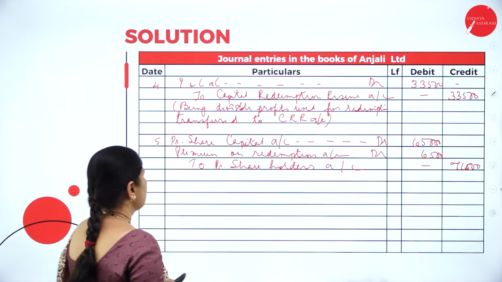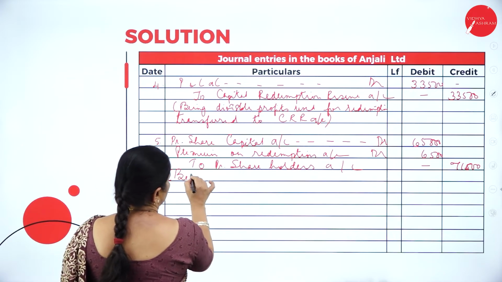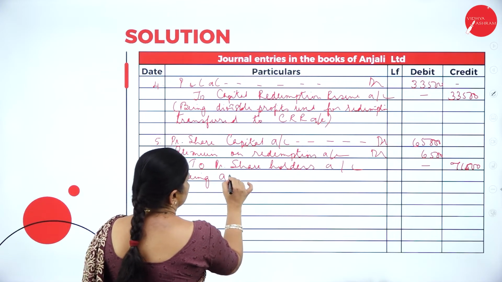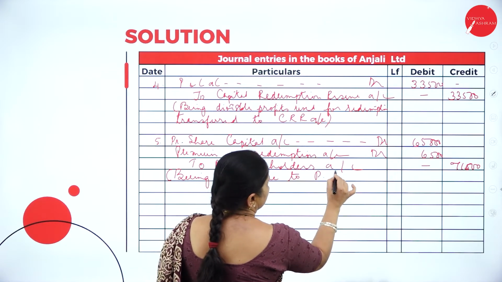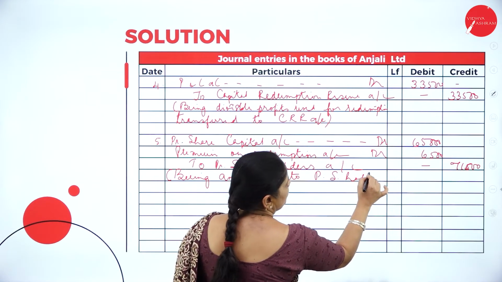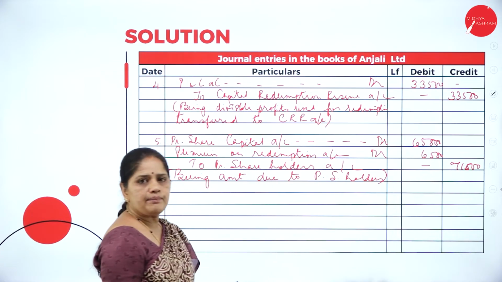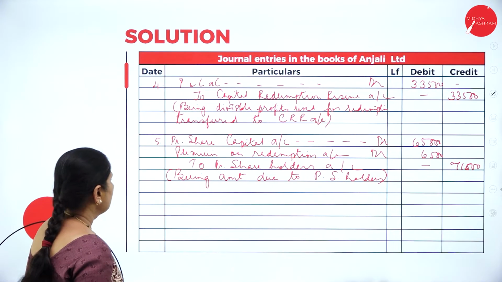So what is this? Being amount due to preference share holders. So this is the amount due to preference share holders.